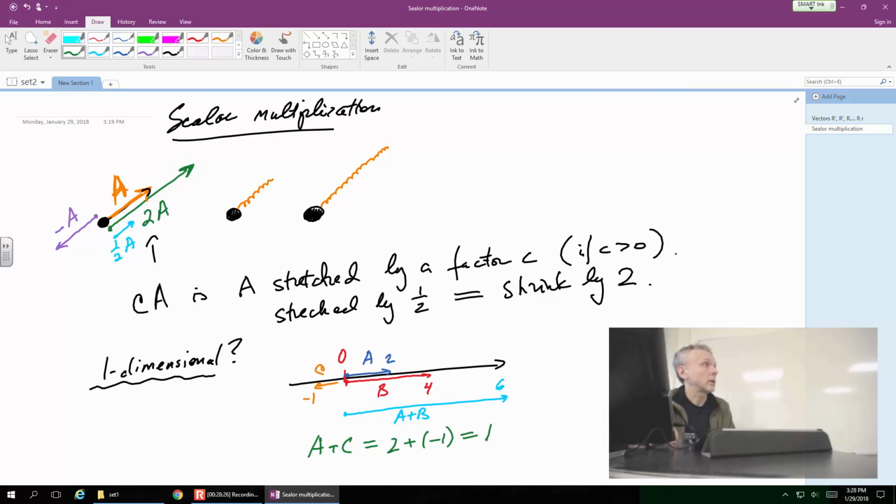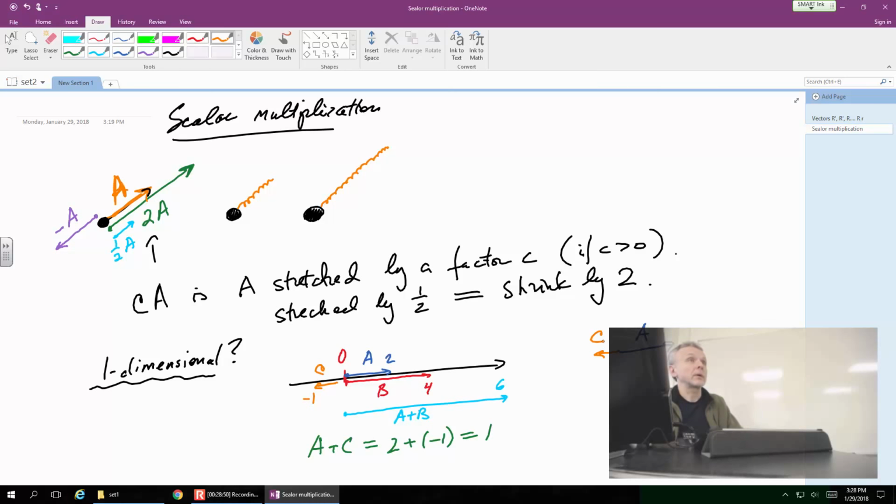And as you can see, the algebra and the geometry work out too. What's the geometry for A and C? Remember how we had vectors? This is A. This is C. How do we add vectors?